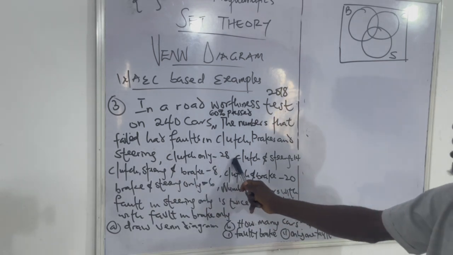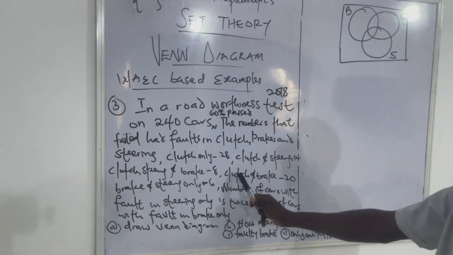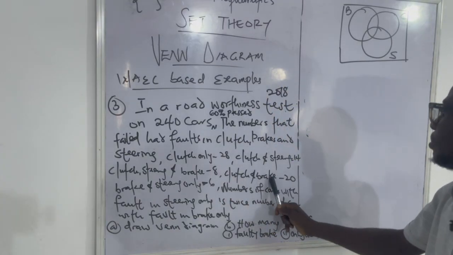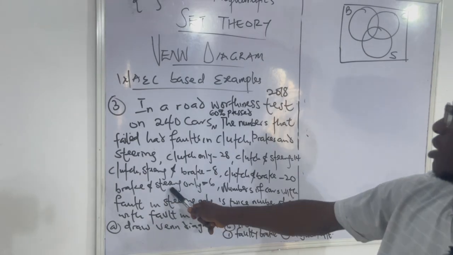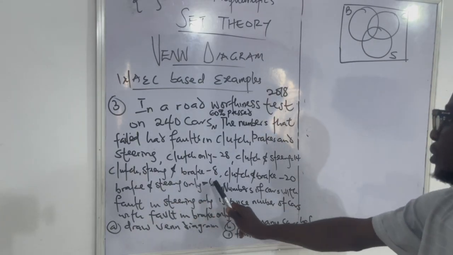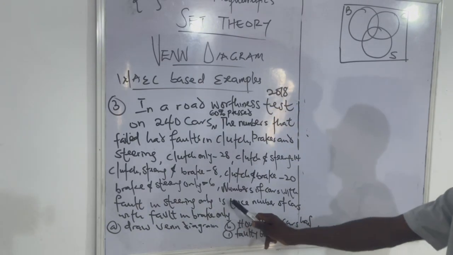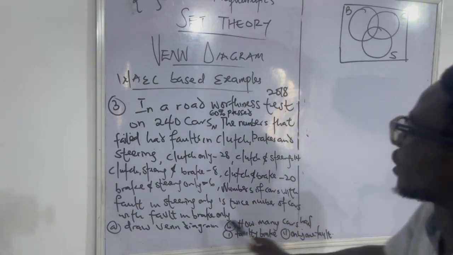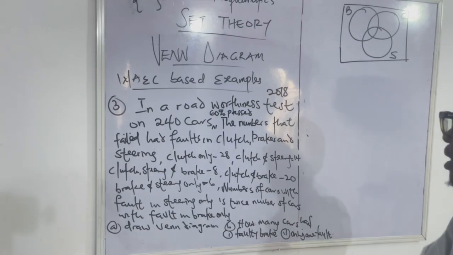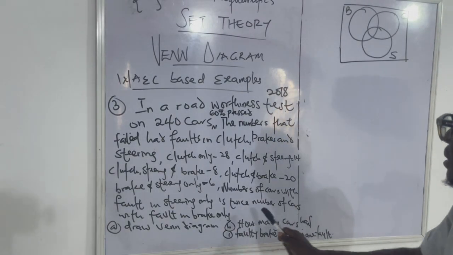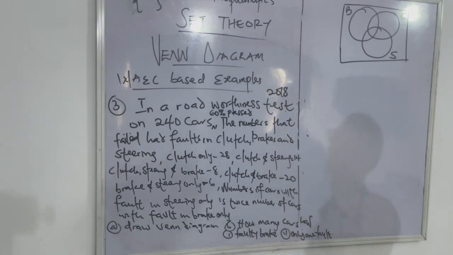Clutch only 28, clutch and steering 14, clutch, steering and brake 8, clutch and brake 20, brake and steering only 6. The number of cars with fault in steering only is twice the number of cars with fault in brake only. A, draw a Venn diagram. B, how many cars had 1, faulty brake, 2, only 1 fault.